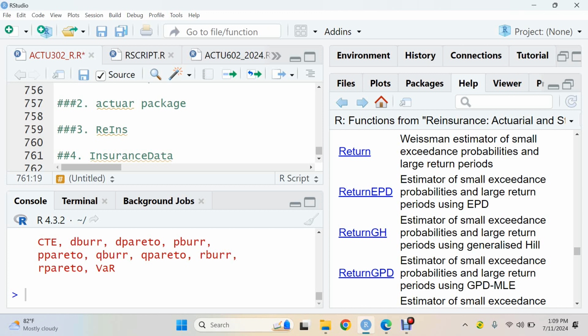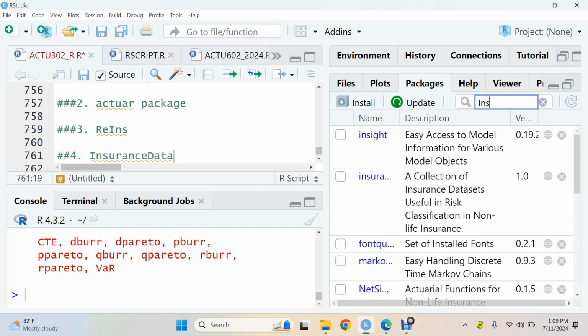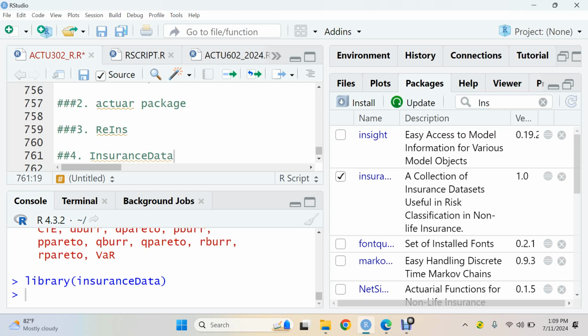So you can check that if I ask you to install that one too. So insurance data is a collection of insurance data sets useful in classification in non-life insurance. Okay. So when you go in, you see several data sets that can also be available to you for your project and subsequent ones.